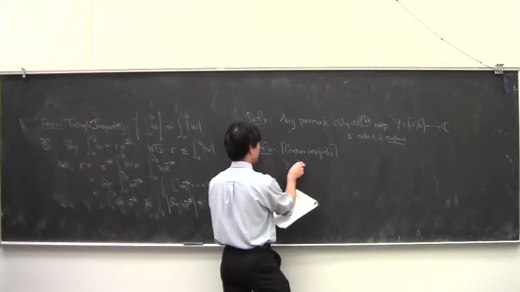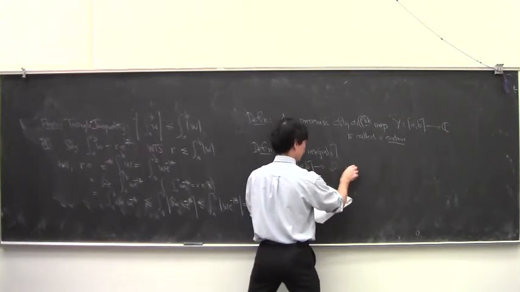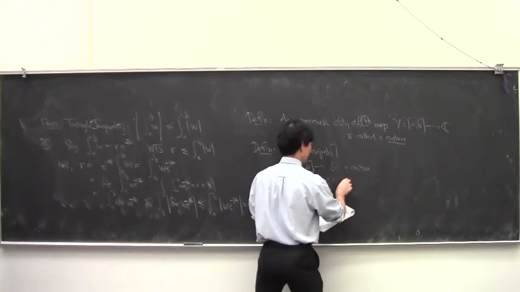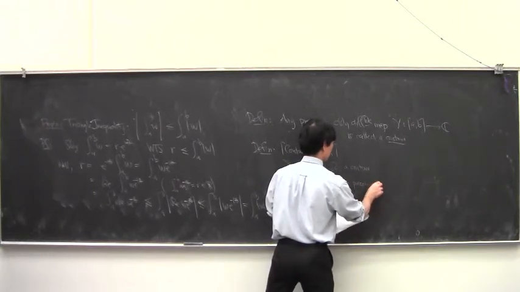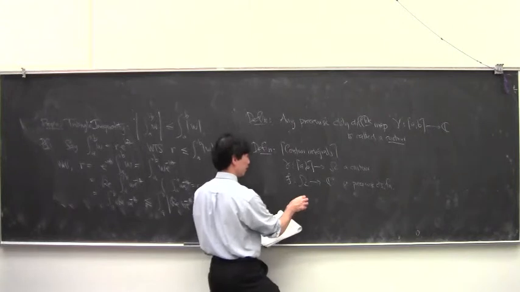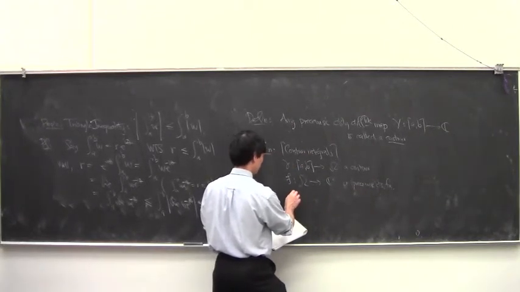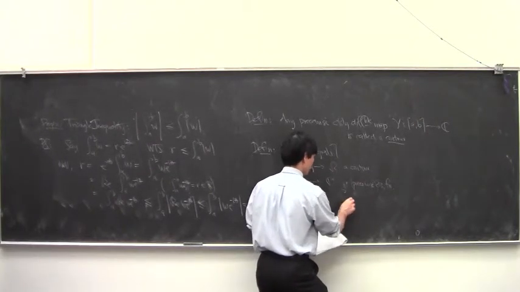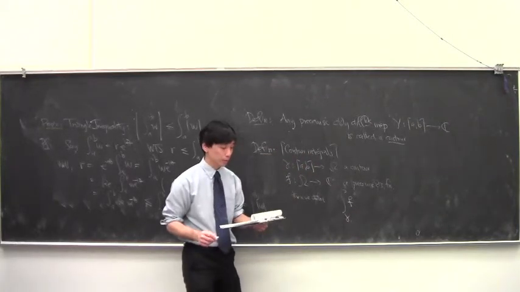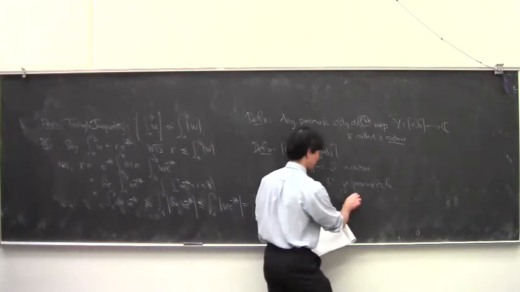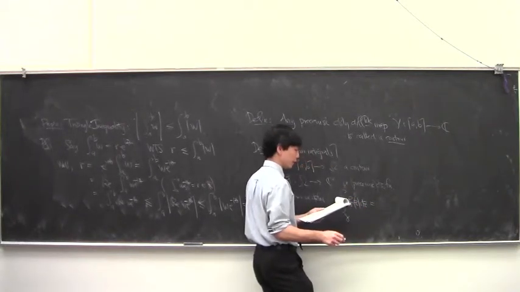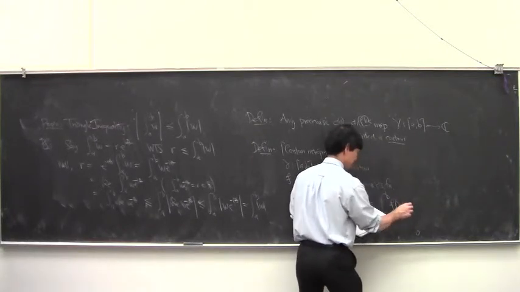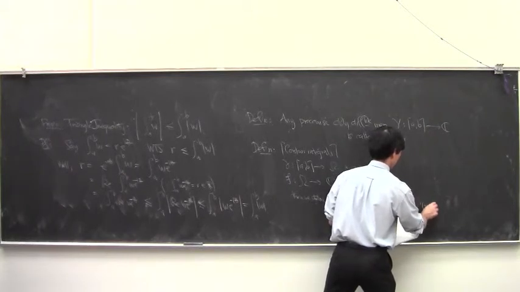So if you have a contour and then you have a piecewise continuous function, then we define the integral of f over that contour, with respect to some variable, as the integral of f composed with gamma of t, times gamma prime of t dt.